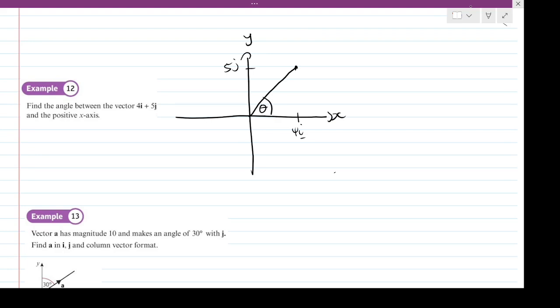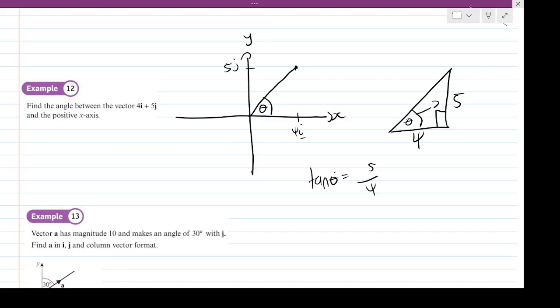Well, I can think of it as a triangle, right? I have the same angle theta, but if I'm going 4 across, that's a length of 4 there, and then 5 up is going to be 5 there. Then I can just use a bit of SOHCAHTOA, because that's going to be a right angle triangle. So I can find the angle by doing tan theta, which is the opposite, this 5, over the adjacent, which is 4.